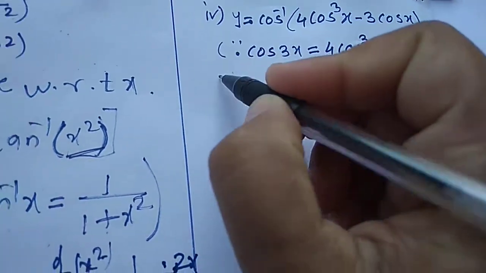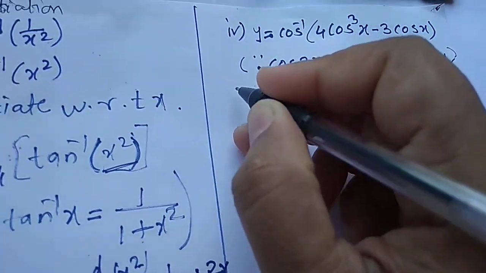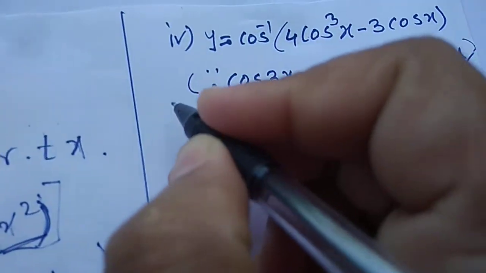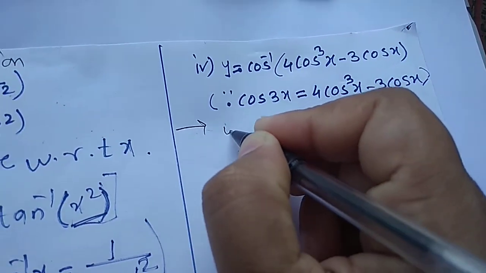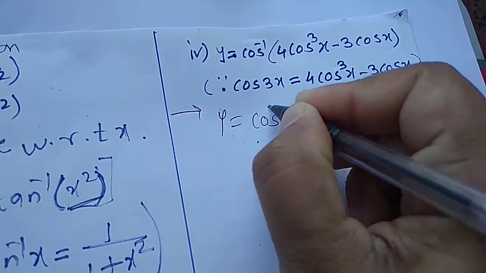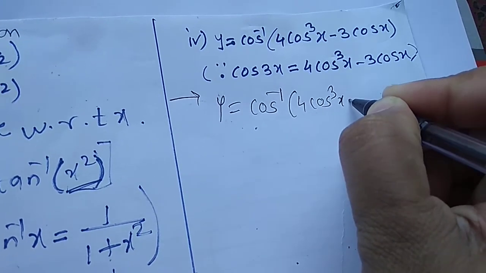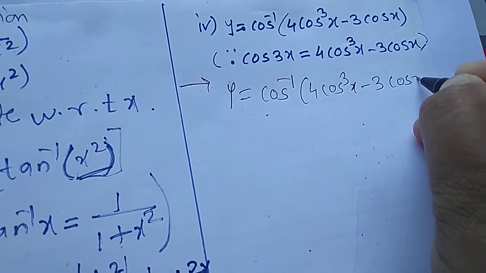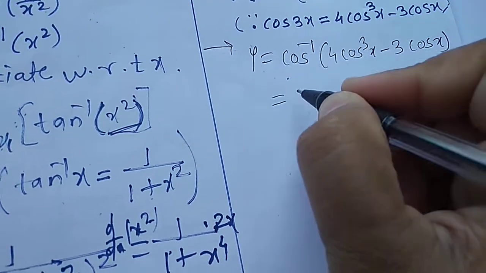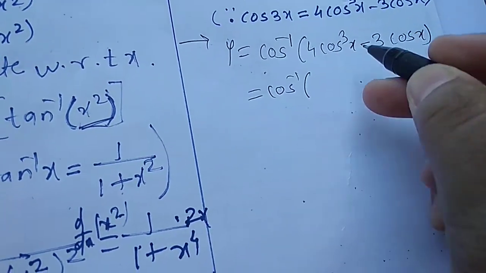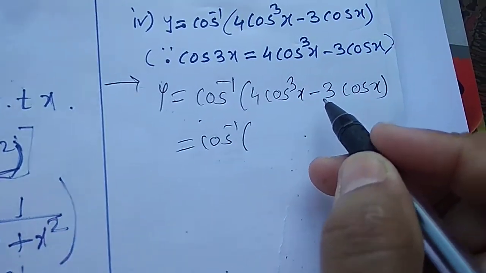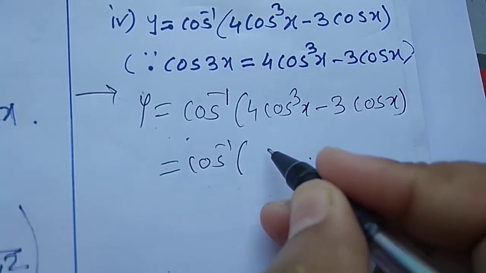So we can put y is equal to cos inverse of 4 cos cube x minus 3 cos x. So we can replace the value of 4 cos cube x minus 3 cos x, that is cos 3x.